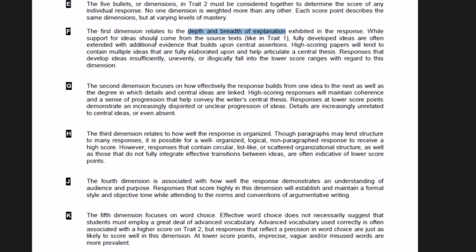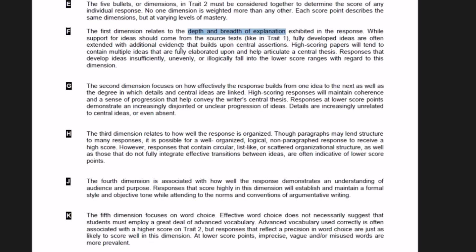While support for ideas should come from the source text, that's the text-based evidence I shared in the part 1 video, fully developed ideas are often extended with additional evidence. Folks, they're not asking you to write a novel, but they are asking you to add a little bit more.